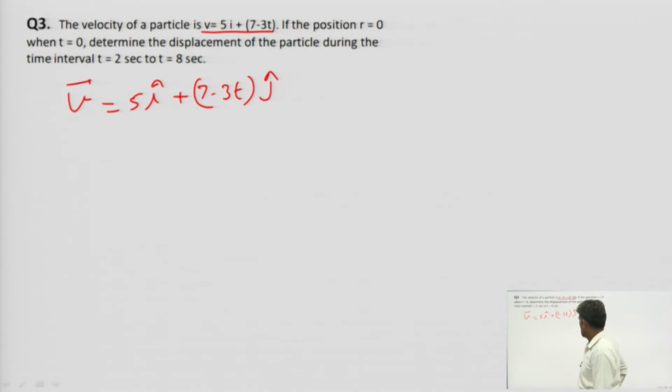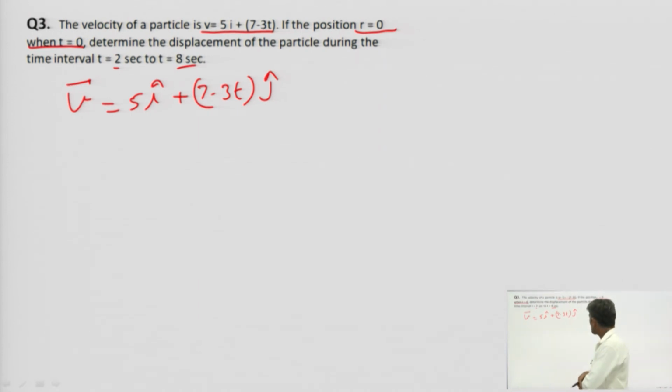The y component is time dependent. If the position r equals 0 when t is equal to 0, meaning origin, determine the displacement of the particle during the interval from t is equal to 2 seconds to 8 seconds.